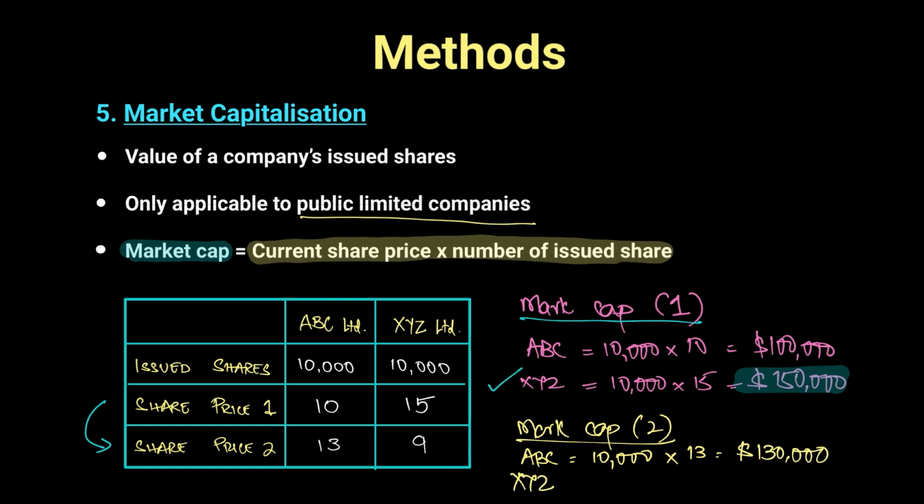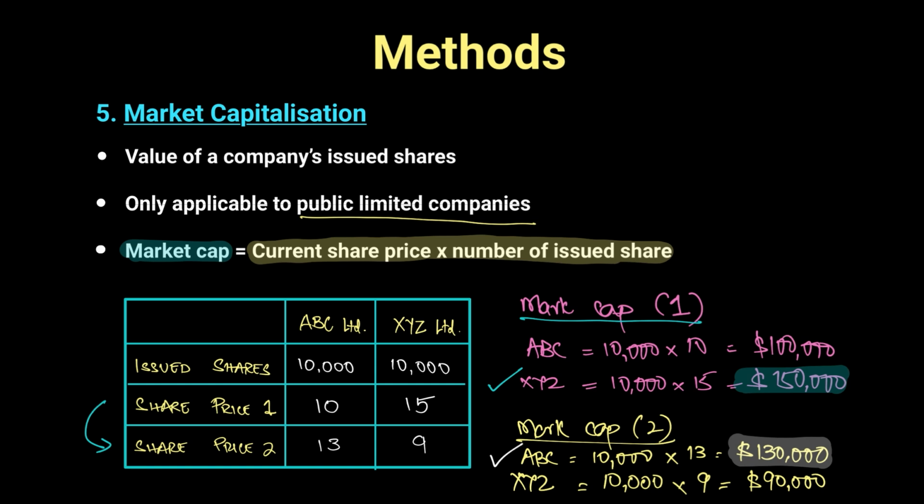Compare that to XYZ, they still have their 10,000, but now their share prices have really dropped. Perhaps they had a bad quarter. Some of their top talent left the company, which has had an impact on their performance, which has dropped their market cap to 90,000. And we can clearly see now that the scenario has reversed. Initially, where XYZ had the lead, this time around, ABC has a higher market cap. So a simple fluctuation in share price could lead to a change in the order.